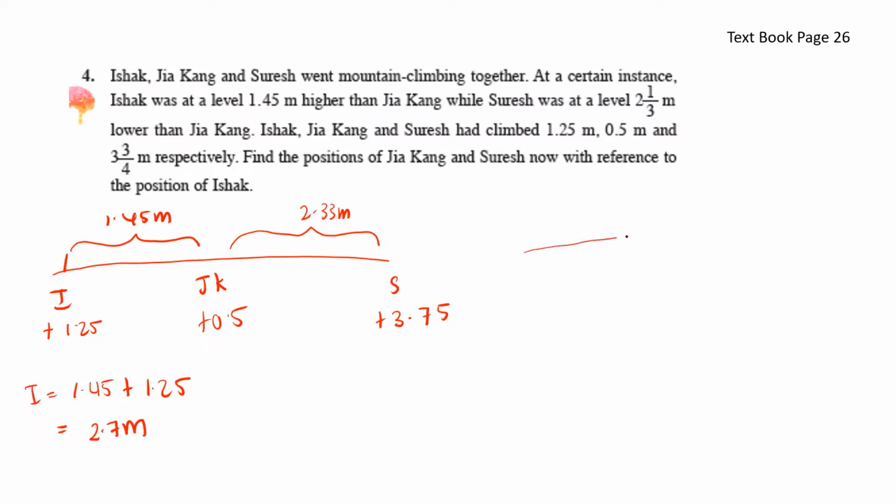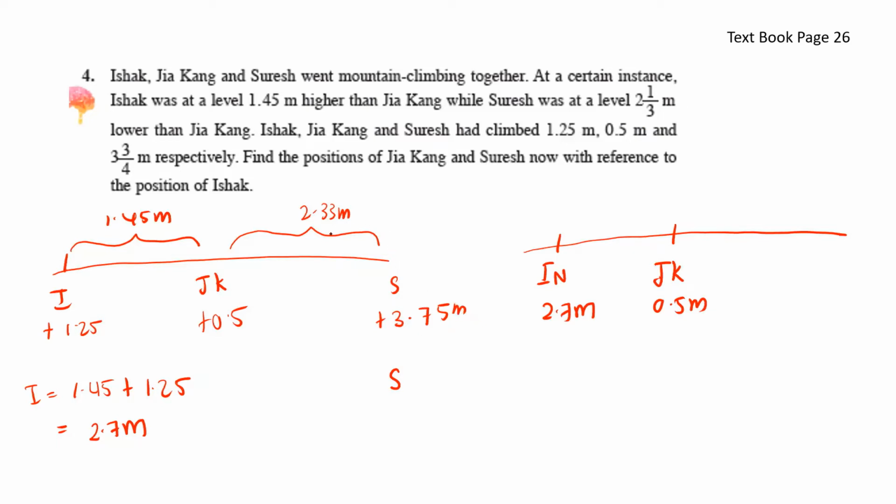So let's draw the new number line. Ishak new is at 2.7 meters. So Jiakang adds 0.5 meters. So now for Suresh, in between Jiakang and Suresh, there's 2.33 meters. So, however, Suresh climbs 3.75 meters.